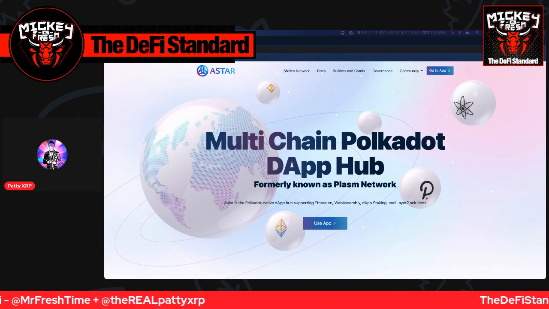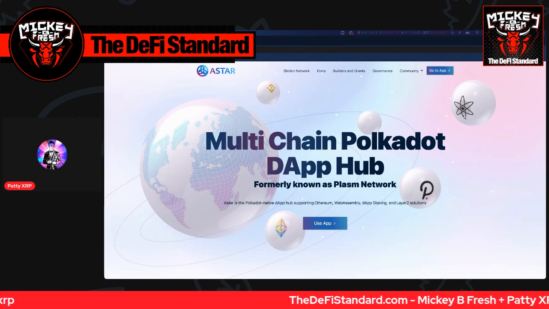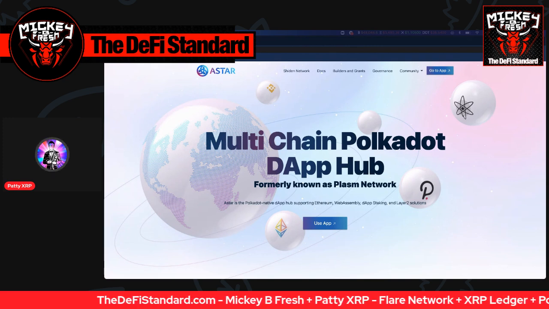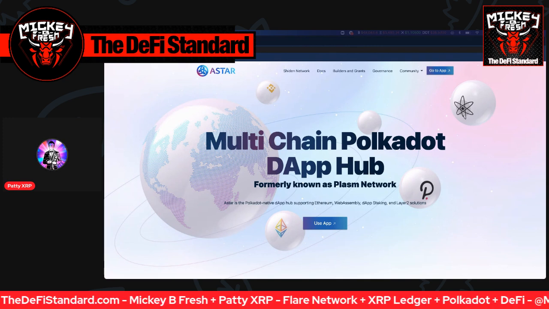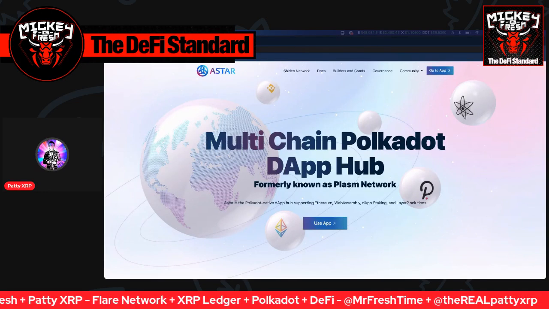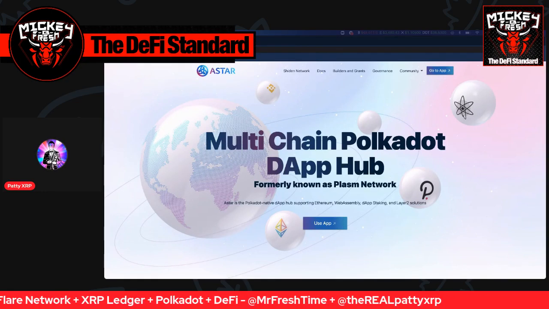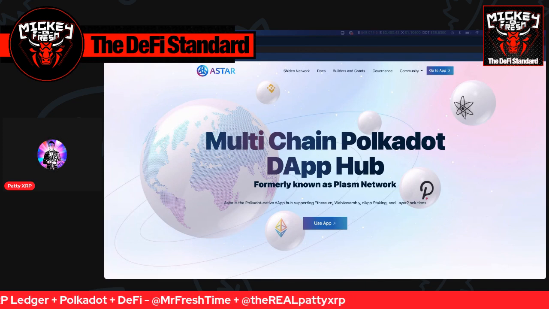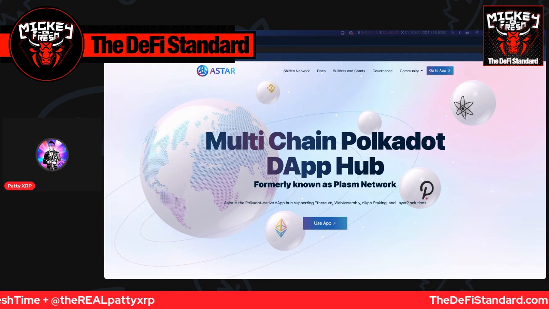So this means that the smart contracts on Astar are going to be composable with smart contracts on other parachains, and also EVM-based smart contracts and WebAssembly-based smart contracts will also be interoperable with one another within the Astar parachain network. And going forward, it's going to have full Ethereum compatibility.